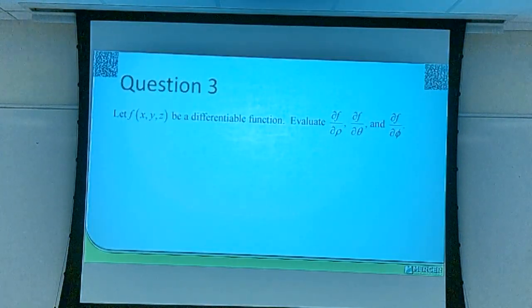Find the spherical partials for a function. Well, in spherical, your three independent variables are rho, theta, and phi, right?